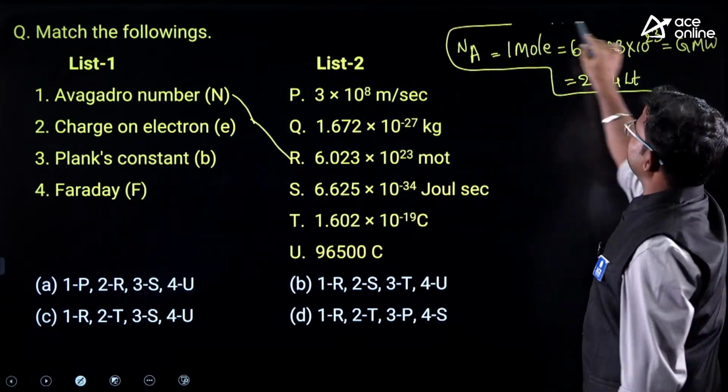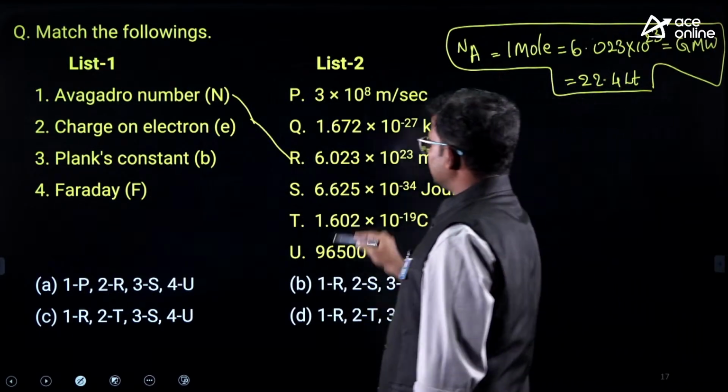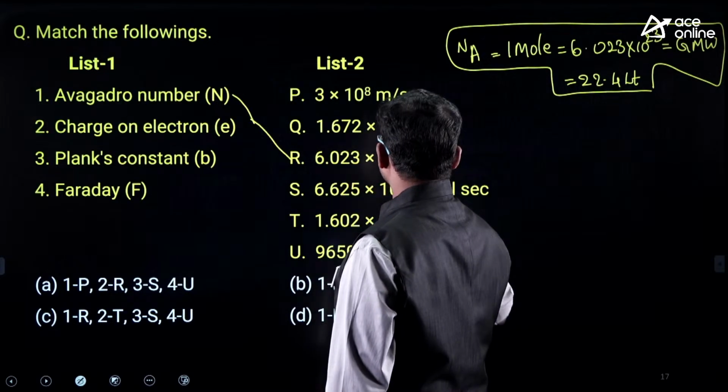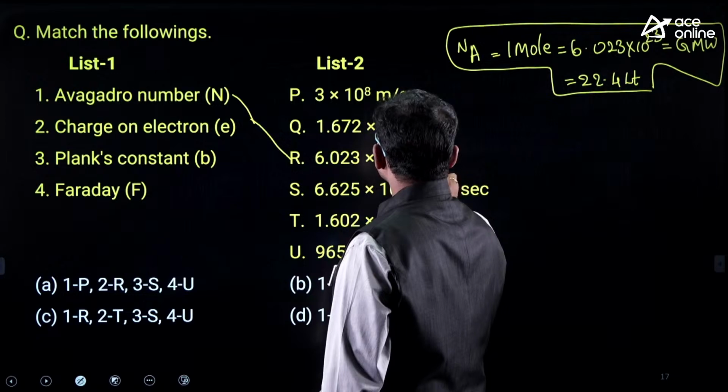So here they mention 6.023 into 10 power 23.